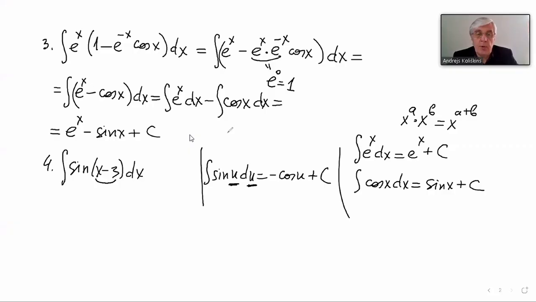So this is because of this, right? And now we have the same expression, okay? u here and there. So therefore, I can use this formula where u will be replaced by x minus 3. So the answer is minus cosine of x minus 3 plus c, okay? So you can always add an arbitrary constant, positive, negative, does not matter.